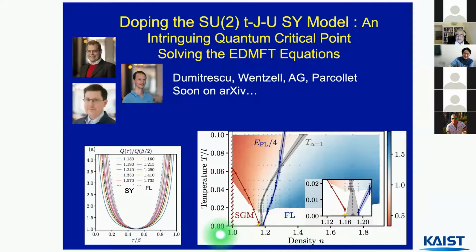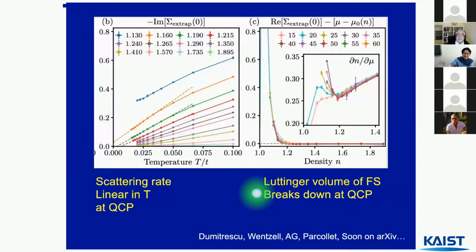And this is their phase diagram as a function of temperature and density. And just like in our exact diagonalization, they see the spin glass metal, they see a Fermi liquid, but they're also able to figure out electron lifetimes at finite temperature. And very beautifully, they see linear-in-T behavior and also breakdown of the Luttinger theorem as you approach the critical point to the onset of spin glass order.